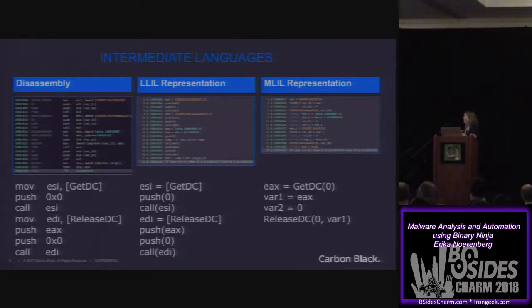So it's almost like an optimization. You can see that on the lower level representation, this code gets collapsed a little bit. It's a little bit more compact. And in the medium level, it's even more compact. So I put a quick example of the disassembly, and then what that would look like in LLIL, and what that looks like in MLIL. So you can see it's compressed.